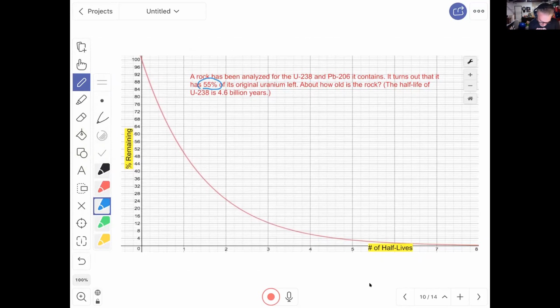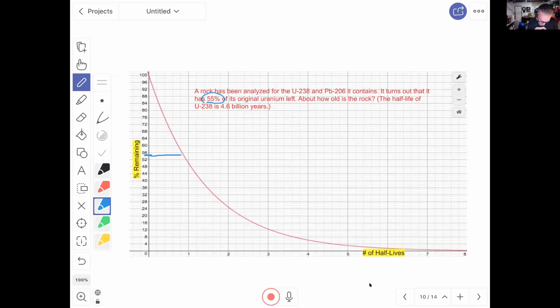55% is right here under 56, right? That would be 55. So we follow the curve over to here. 55% is a little bit past here, but we'll call it on this line to make it easier to talk about.